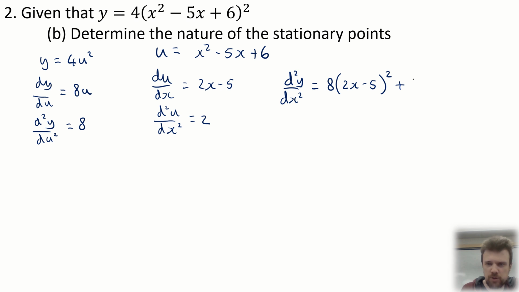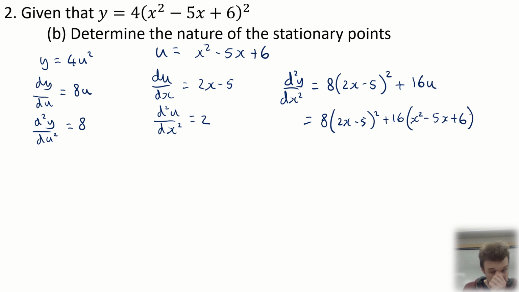Well, actually 8u times by 2, that's just going to be 16u. And of course we can simplify that. So it's 8 lots of (2x minus 5) all squared plus 16 lots of (x squared minus 5x plus 6). Lovely stuff.